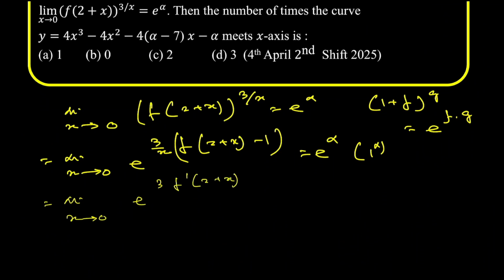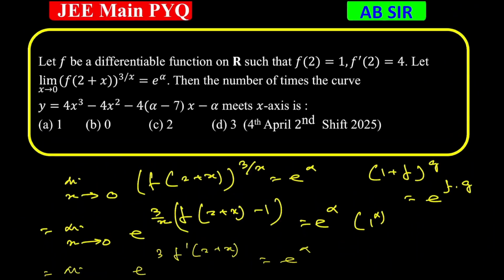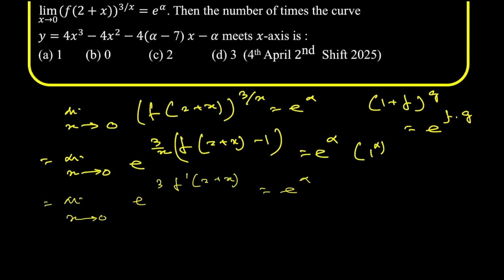Okay, denominator x is 1, so this is equal to e to the power alpha. Now since there is no chance of getting denominator 0, we can directly put the value of x. Here x tends to 0, therefore f dash 2, and already the f dash 2 value is given to us. We are given the f dash 2 value, f(2) value, everything is given to us.